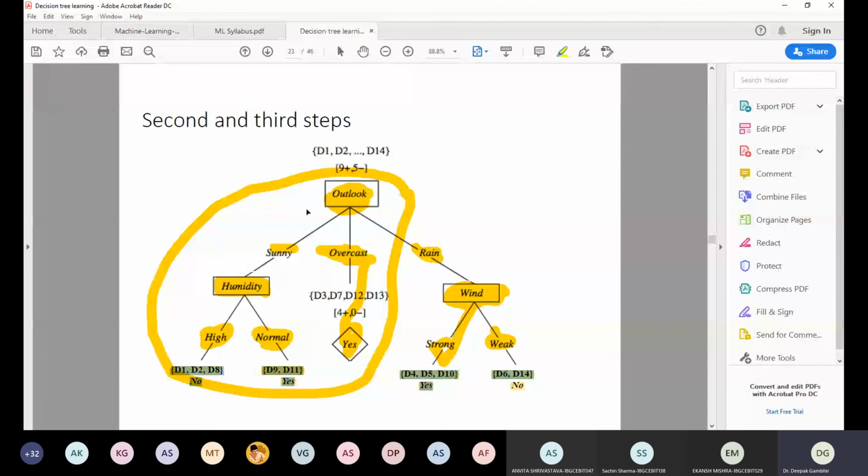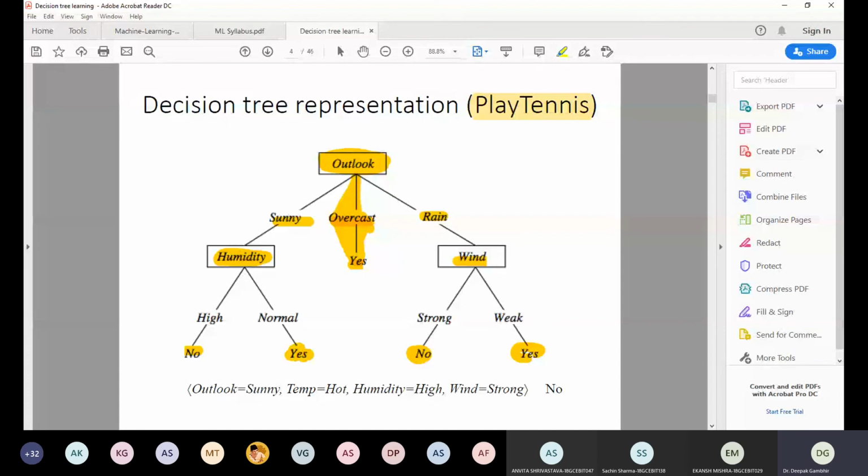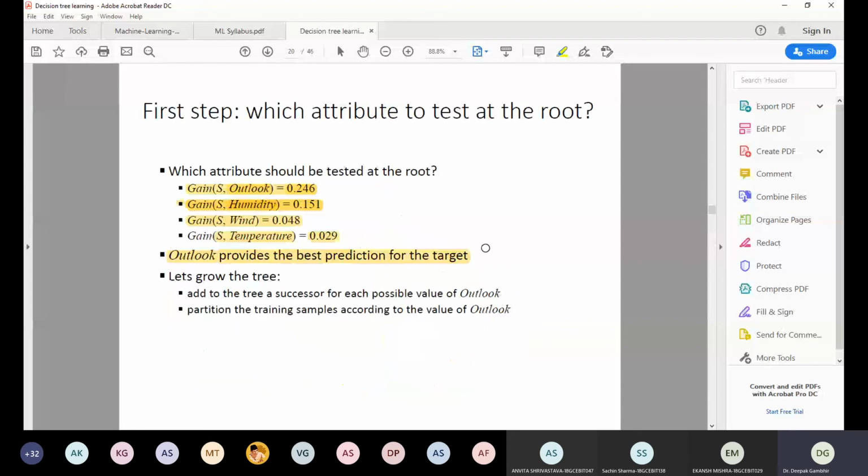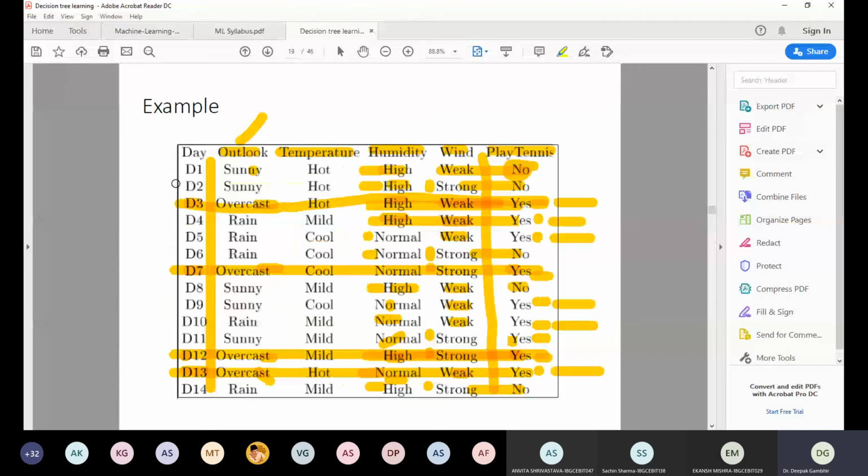Then this is our final decision tree that we have already used previously here also, made on the basis of our input examples. So this decision tree represents my complete table, this one.